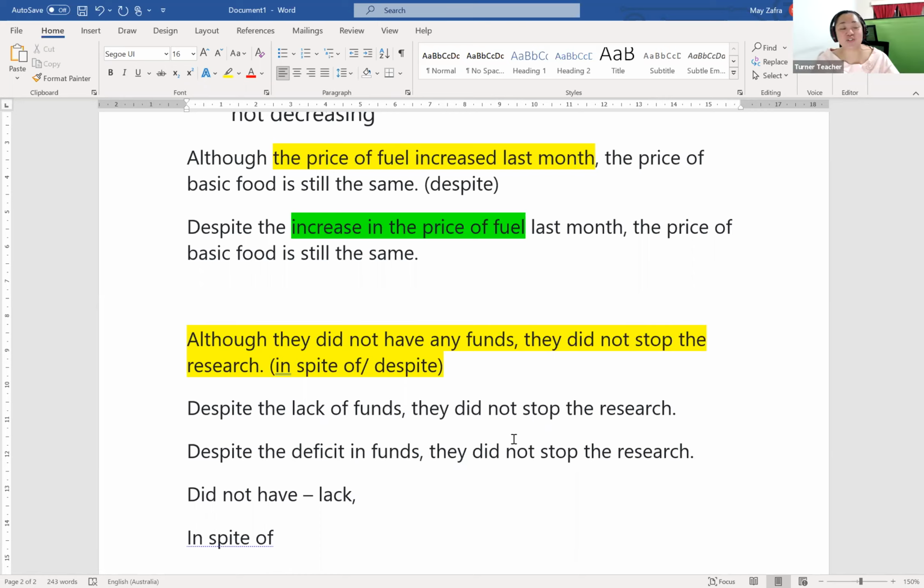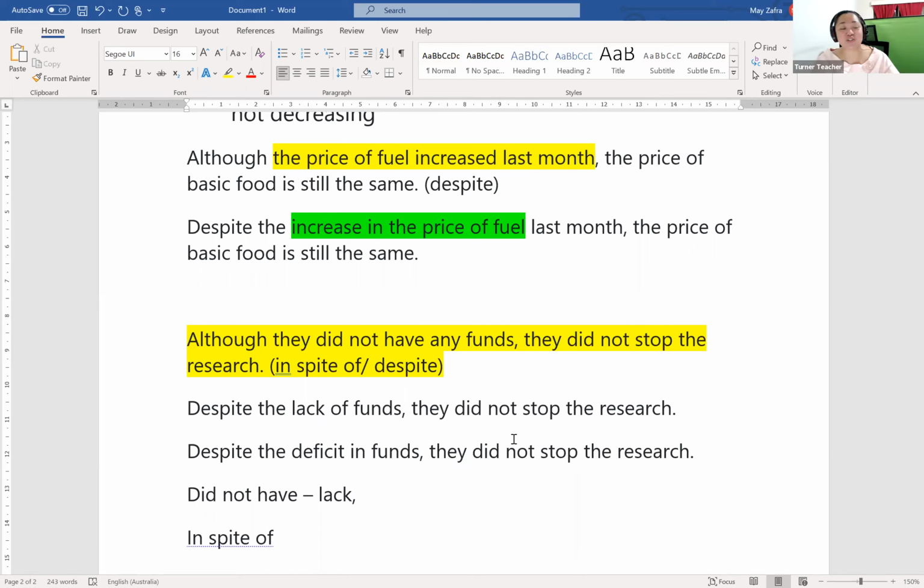Scarce. Wait, let me have a look. Scarcity is a noun, I think. Yeah, it's a noun. It should be scarce. So in spite of scarce funding, yeah, that's what I want to say. Okay.